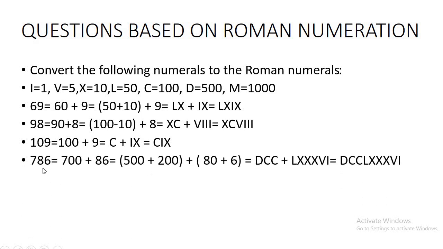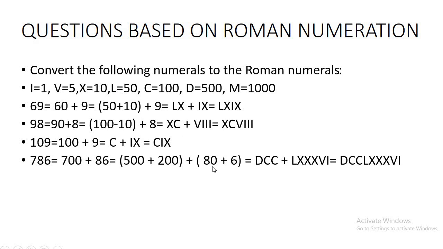So 786, we have to break it as 700 plus 86. 700 is broken as 500 plus 200, because we have a symbol for 500, D, and for 200 we have to add 2 C's, DCC. For 86 we have to break it as 80 plus 6. 80 is broken as 50 plus 30. So 50 is represented as L, followed by 3 tens.